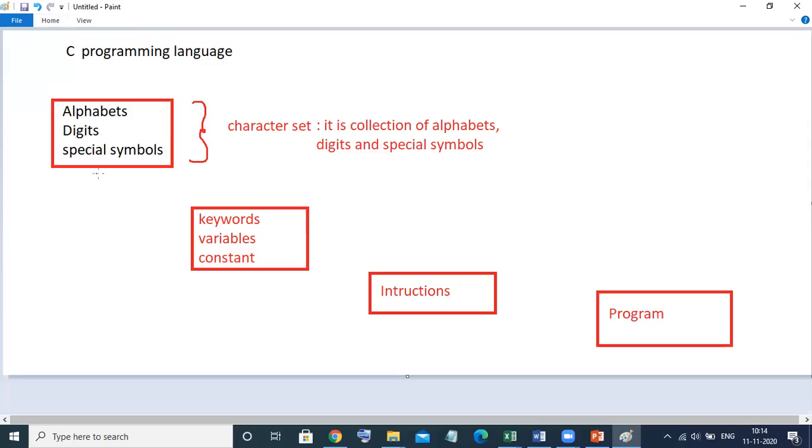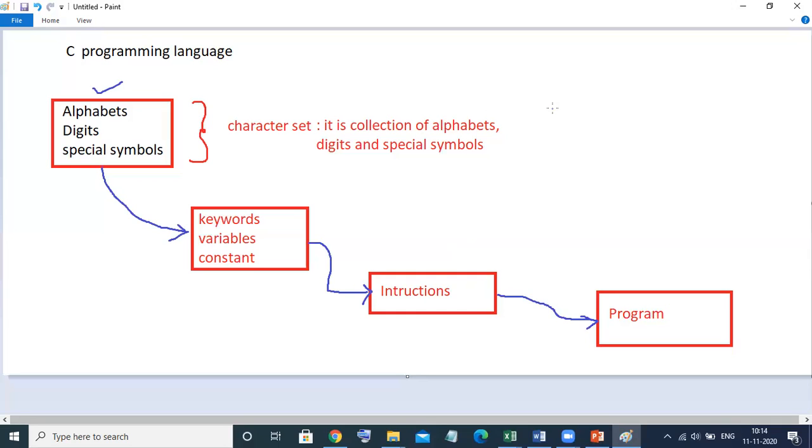The first step is what? We need to first learn this character set. After learning this character set, we must go to the second box: keywords, variables and constants. After learning this, we are able to form some instructions. Once we are able to write some instructions, a set of instructions, that means we are writing one program. The program definition is what? I hope you are getting it. A set of instructions is called a program.